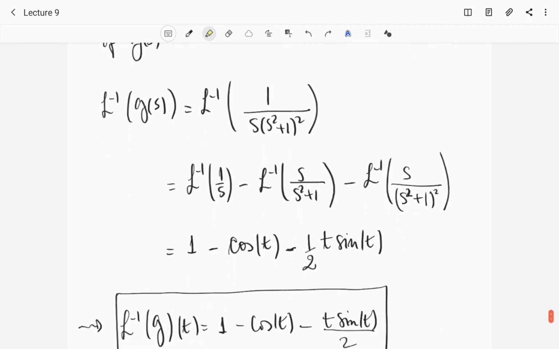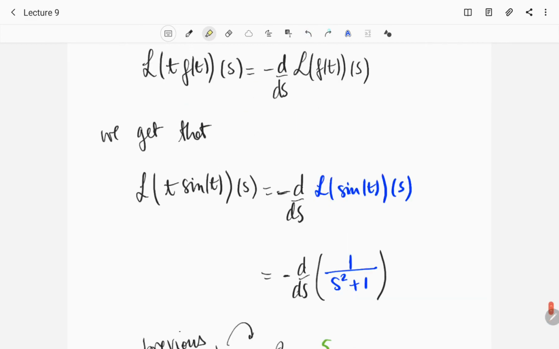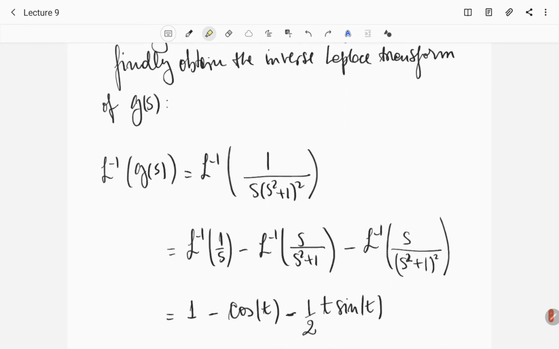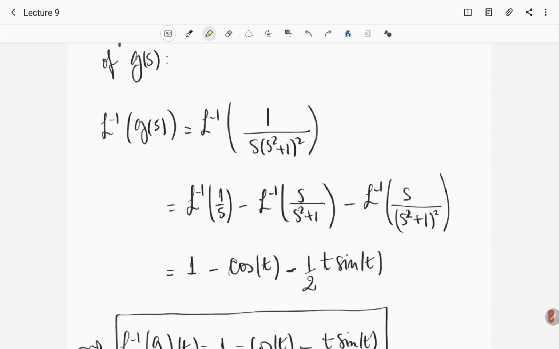So putting all the 3 pieces together, we finally obtain the inverse Laplace transform of g, which was. So in this identity, we just replace our function g. Oops, sorry. And in the next one, we use the partial fraction decomposition of g and linearity of the inverse Laplace transform.